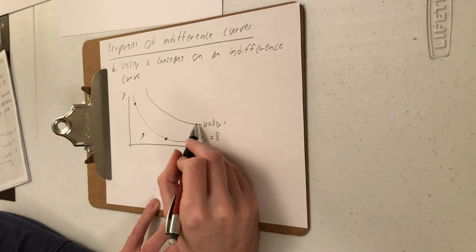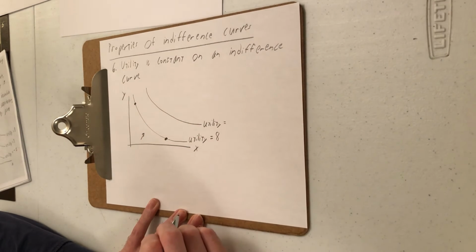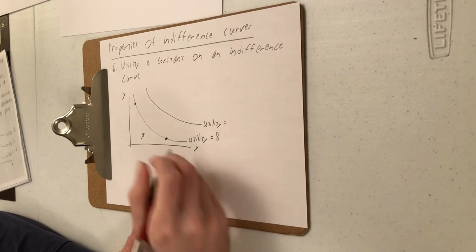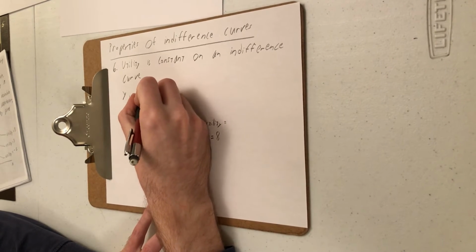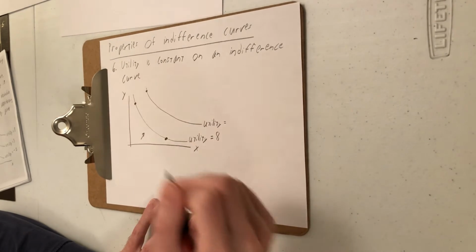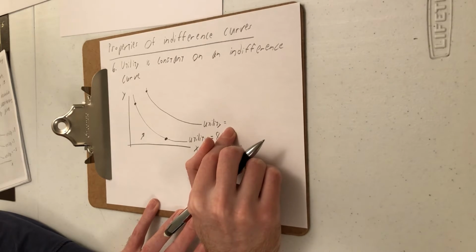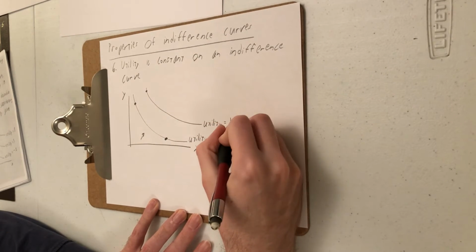So the utility you get from things over here has to be bigger than that utility. For instance, you have goods like this one out here, which give you both more x and more y than that one does. So that one's 8. Stuff over here might be, maybe that's a 10.